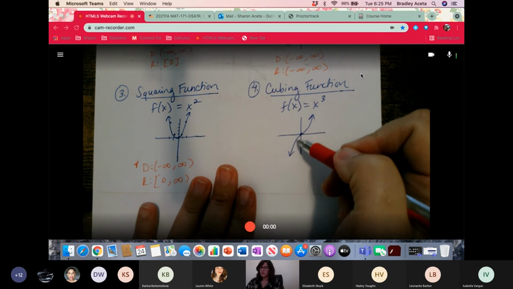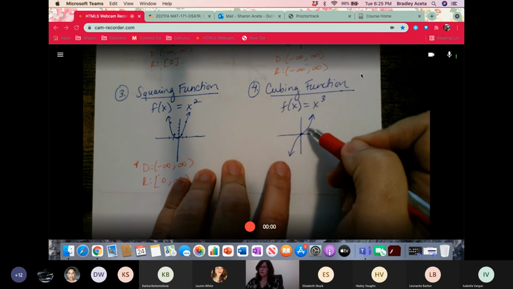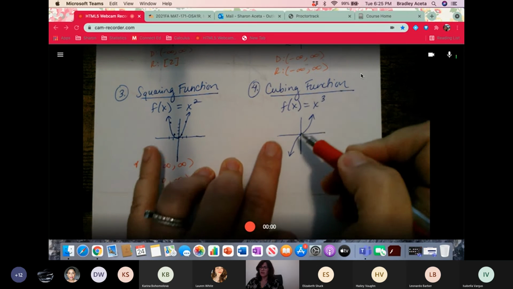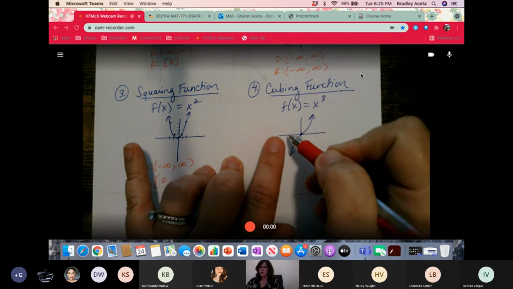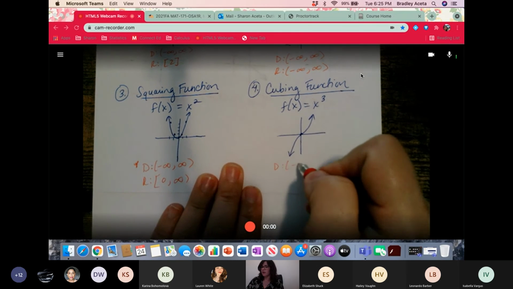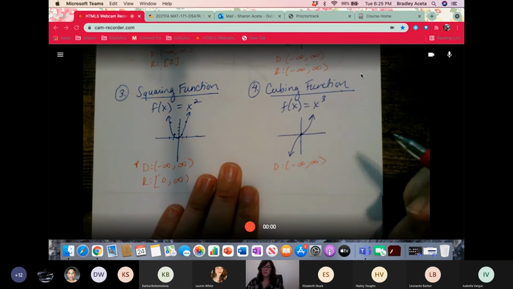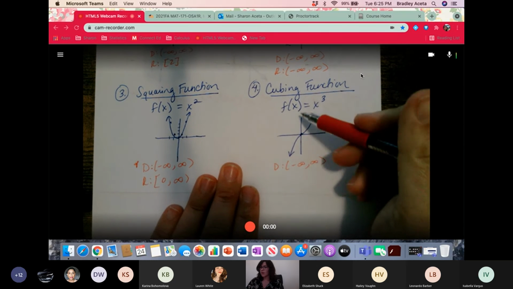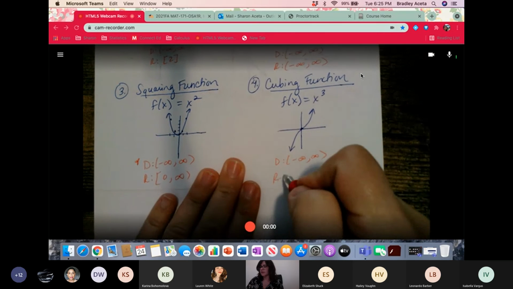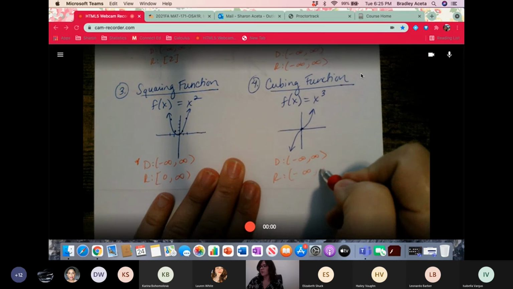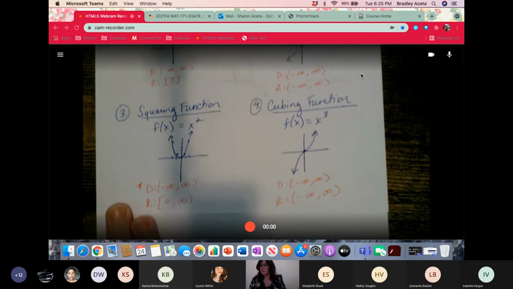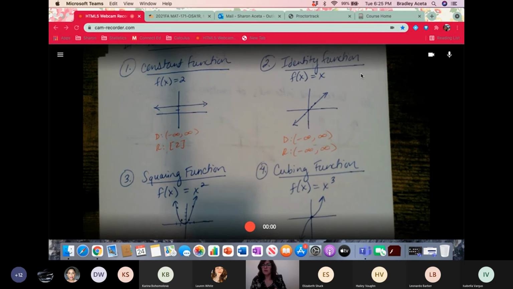So I know it's going to look like it's just going straight, but it actually is curving ever so slightly. If I asked you, can I use every x along the domain? You sure can. Your domain is negative infinity to infinity. What about my range? How tall is this thing getting? Well, if these arrows are going up and down, this thing is going up and down the whole entire time. Negative infinity to infinity.